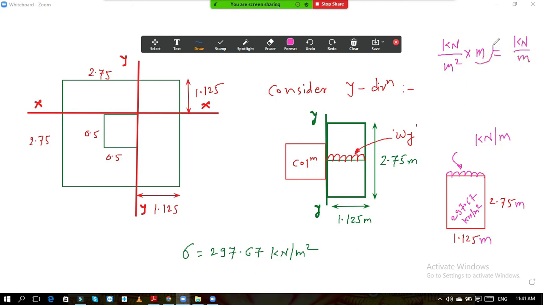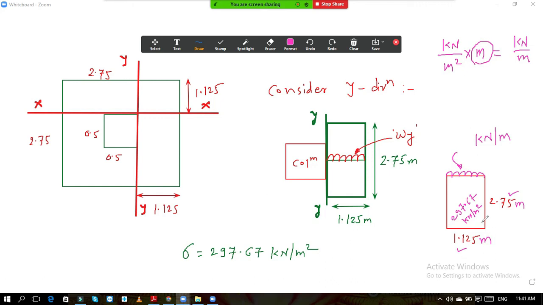So multiplication by meter means we need to multiply this intensity by one of the dimensions. Which dimension, that we will decide later on. Either we should multiply by this dimension or by this dimension. Is it clear to you which dimension?